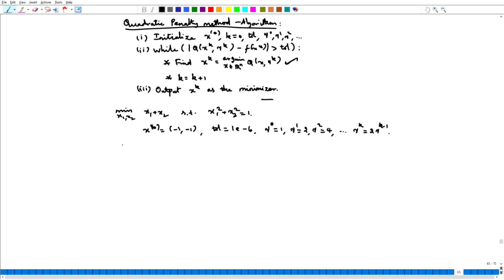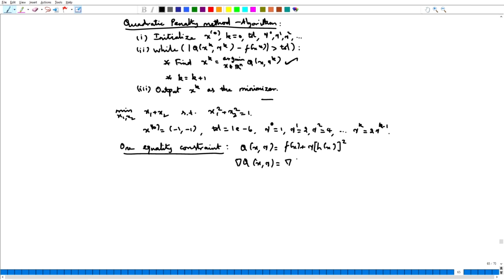In case of one equality constraint, we have q of x comma gamma is f of x plus gamma h of x the whole squared. I calculated it by hand in the last lecture. The gradient is del f of x plus 2 gamma h of x del h of x.